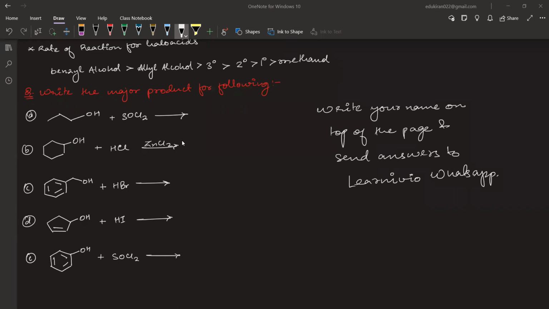Draw it and send it. Minashi, E is wrong. The E one is wrong. Got two more. Hishma, one is correct, B is correct. E correct, C correct, D correct, E you have not sent.